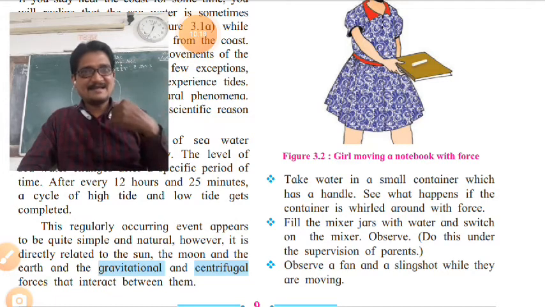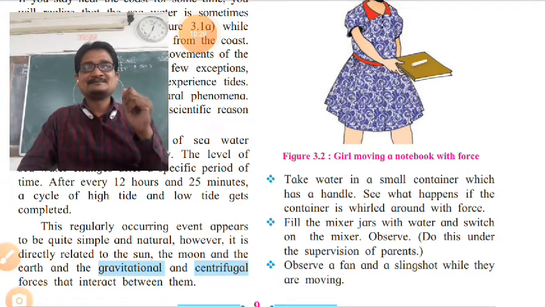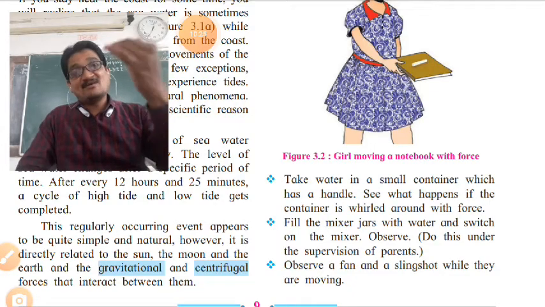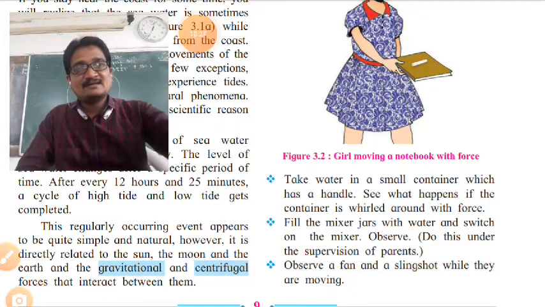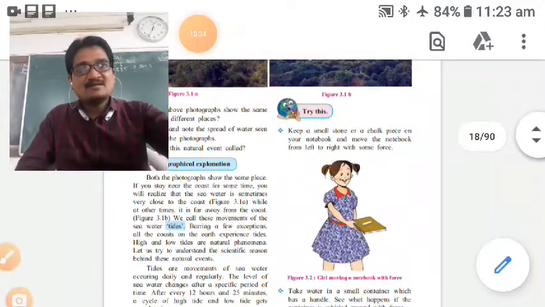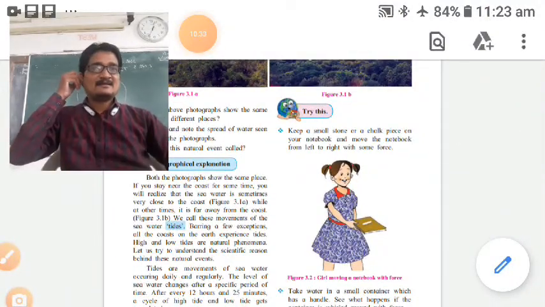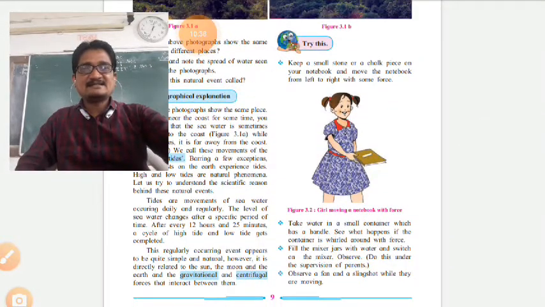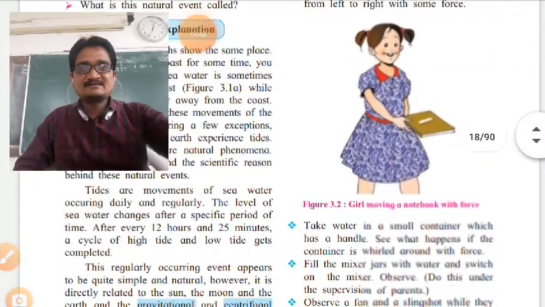You know that in our language you can say slingshot. While they are moving you can observe the fan and slingshot also. So try this activity at home properly. Note down all these markings, the definition of tides, and these points of tides.